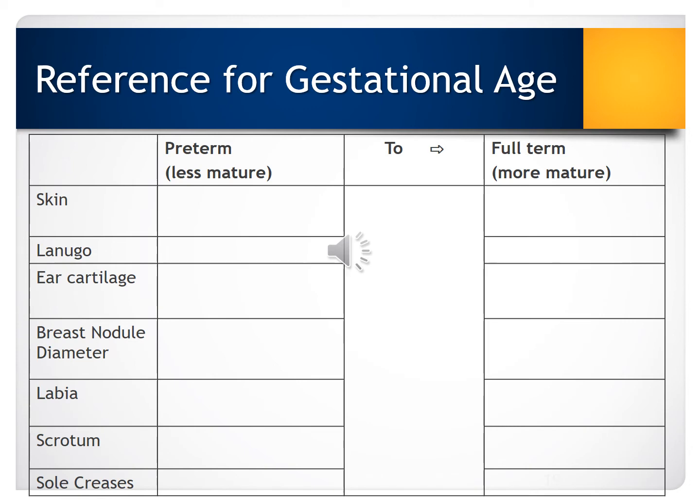And so if a baby has smooth soles of the feet, it's usually preterm, compared to the deep creases of a term newborn. And so again, you use these visual assessments to see if they coincide with the gestational age that the baby's supposed to be. And what does that entail for other parts of your assessment?